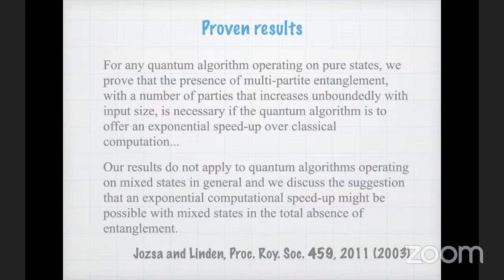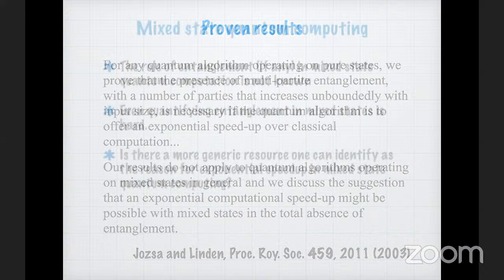So what this is pointing to is that the question as to what is the real resource that makes mixed state quantum computation in some scenarios exponentially faster than the best known classical case, that is still an open question. What are the exact resources that make exponentially faster mixed state quantum computation possible?